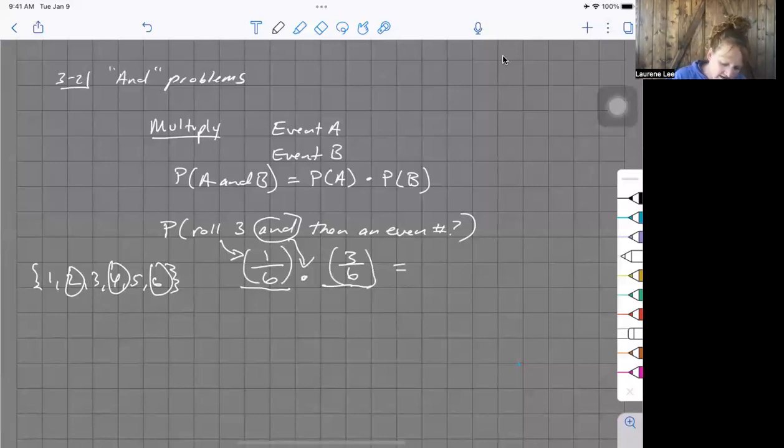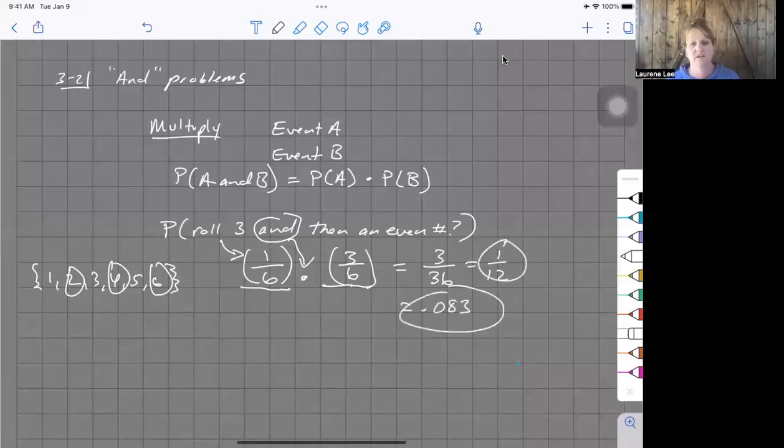You're going to get 3 out of 36, which is not reduced form. Reduced form is 1/12. And 1/12 in decimal form is 0.083. So either 1/12 or 0.083 is a fine answer.